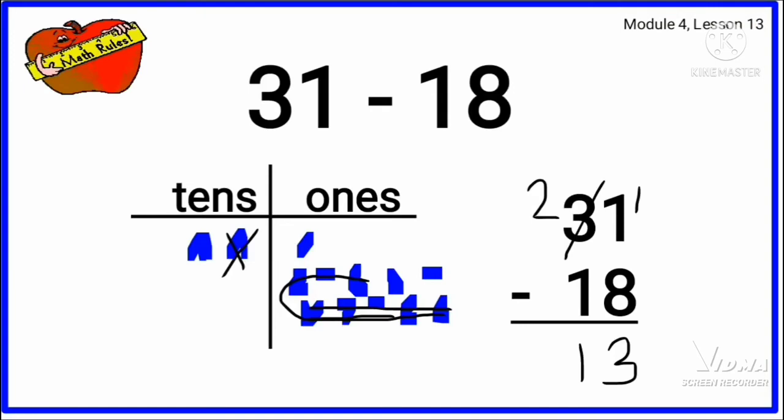Let us solve these questions using the vertical method and chip model. 31 minus 18. On the right hand side, you've seen my vertical method. 31 minus 18. In the ones place, I cannot remove 8 from 1. So I have to take a 10 and make it 10 ones.